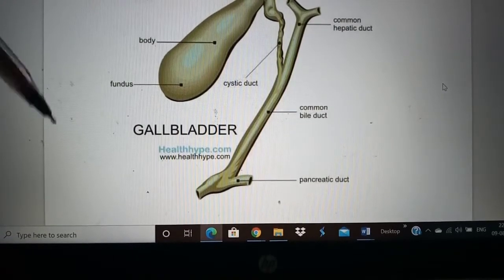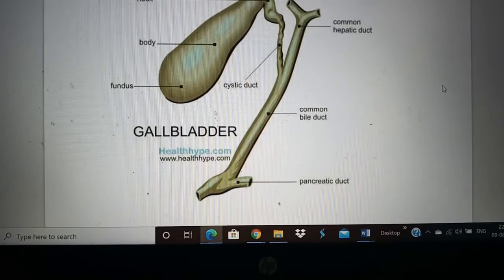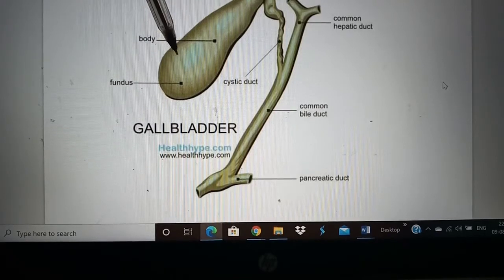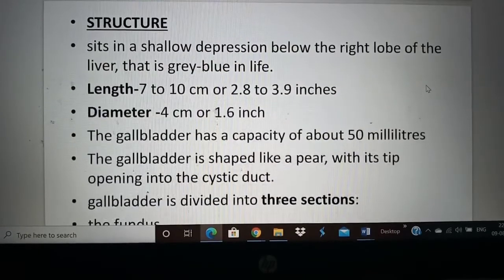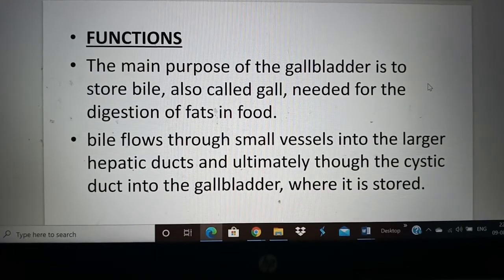The fundus, again I repeat, the body and the neck. The main function of this gallbladder is to store bile, also called gall, and it is needed for the digestion of fats in food.